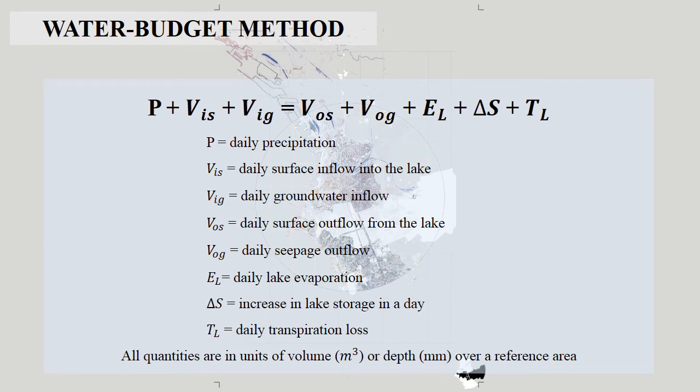The continuity equation is written as P plus V subscript IS plus V subscript IG is equal to V subscript OS plus V subscript OG plus E subscript L plus delta S plus T subscript L, where P is the daily precipitation, V subscript IS is the daily surface inflow into the lake, V subscript IG is the daily groundwater inflow, V subscript OS is the daily surface outflow from the lake, V subscript OG is the daily seepage outflow, E subscript L is the daily lake evaporation, delta S is the increase in lake storage in a day, and T subscript L is the daily transpiration loss.